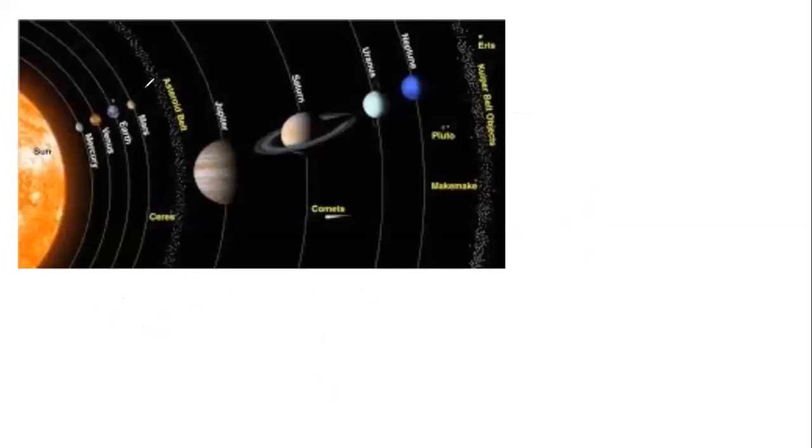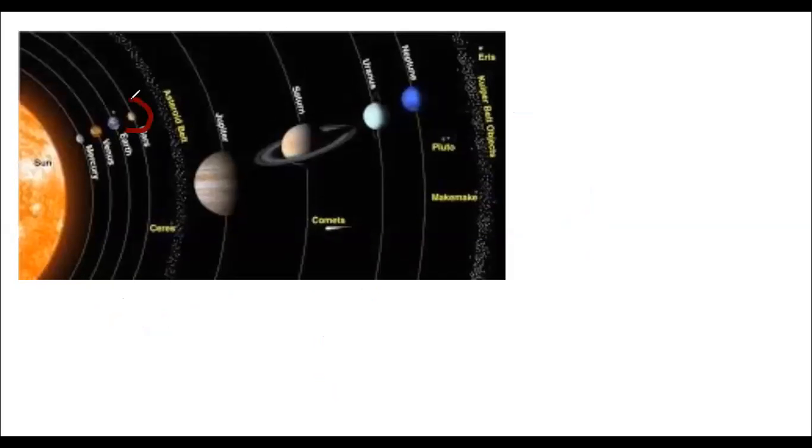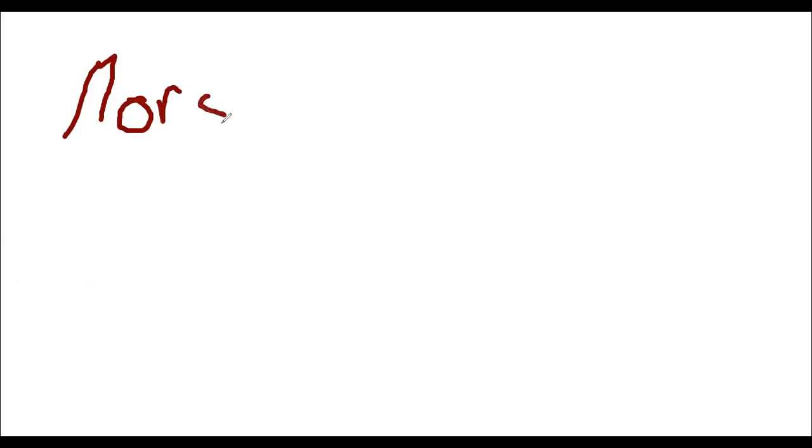Next we will be talking about Mars, which is the fourth planet and the last planet in the rock planets category. Mars is named after the Greek god of war, Ares.